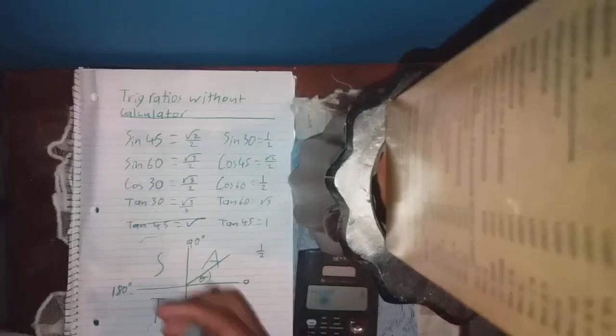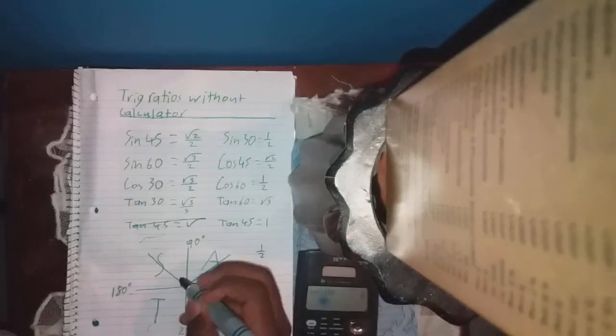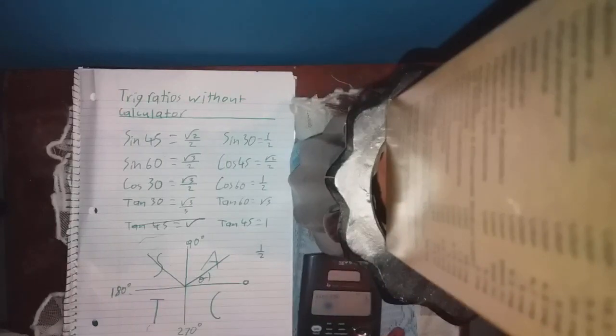Since theta is equal to 30 degrees, then that will be 180 minus 30, which is 150. If we put sine of 150 into the calculator, we see that sine of 150 degrees is also equal to a half.